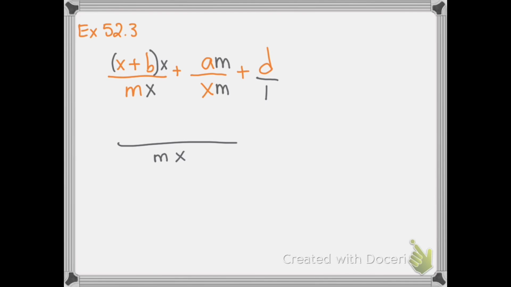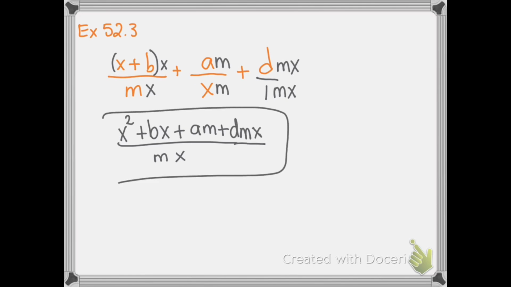And then for the last one, we are missing mx, so we multiply the top and the bottom times mx. When we simplify this, we do distributive property, and it's x squared plus bx plus am plus dmx. And that's it. That is our answer.